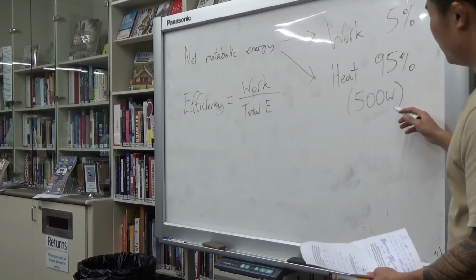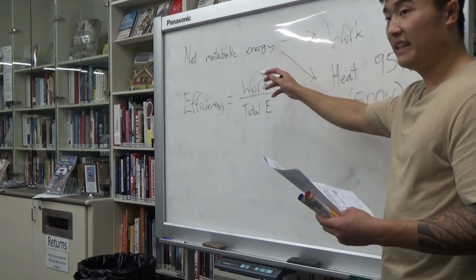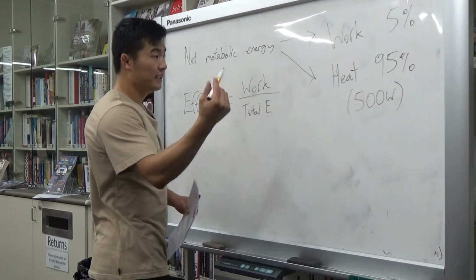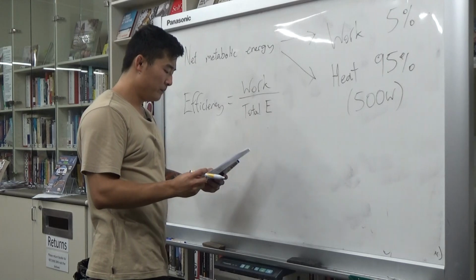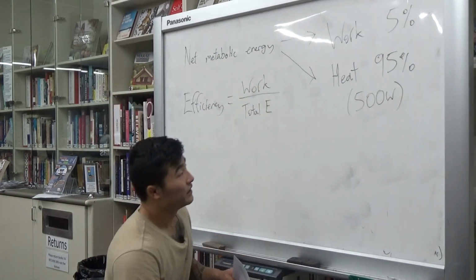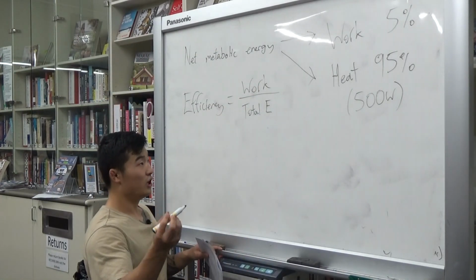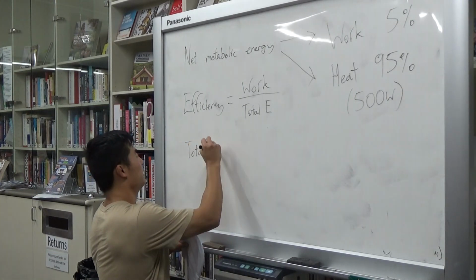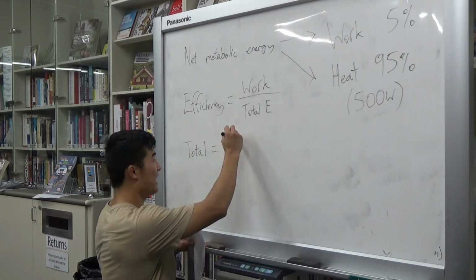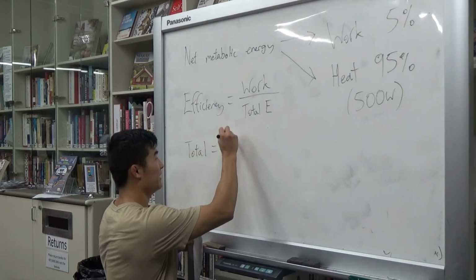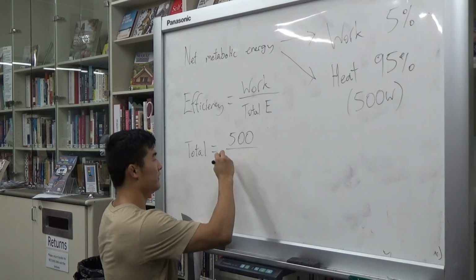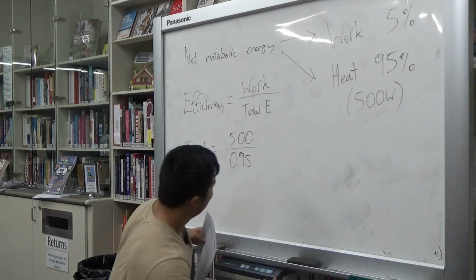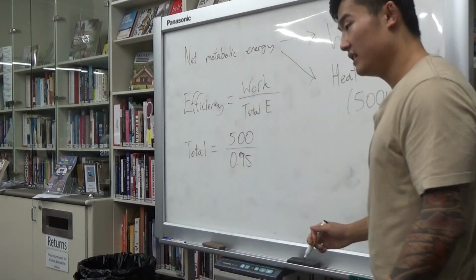So we need to find out the total amount of energy that she's been using. So to do that, since we know that heat is 95% of the total, to find out the total, we'll just divide the amount of heat, which is 500 watts, divided by 95%, which is 0.95.